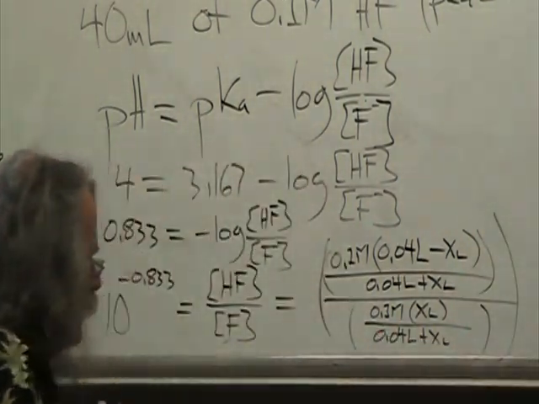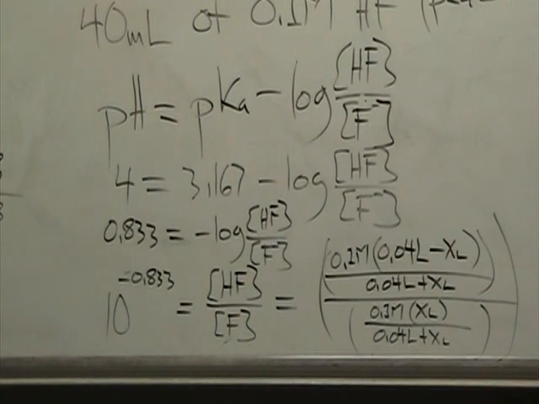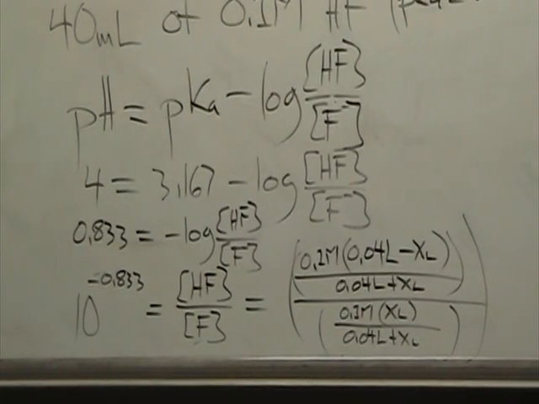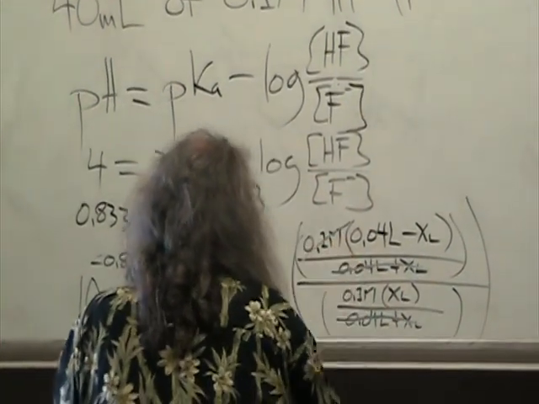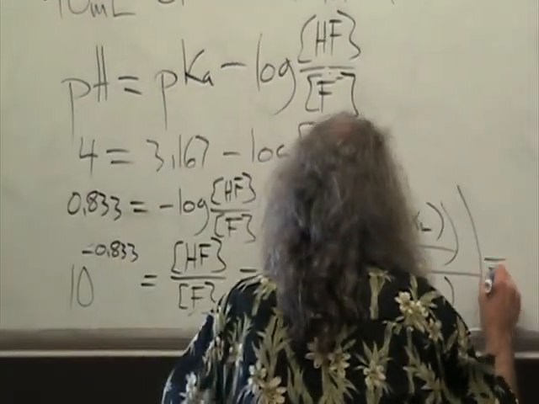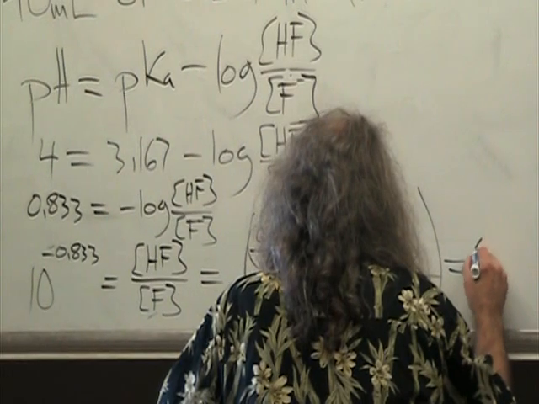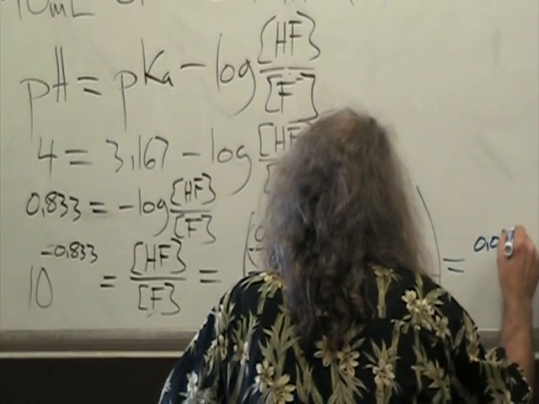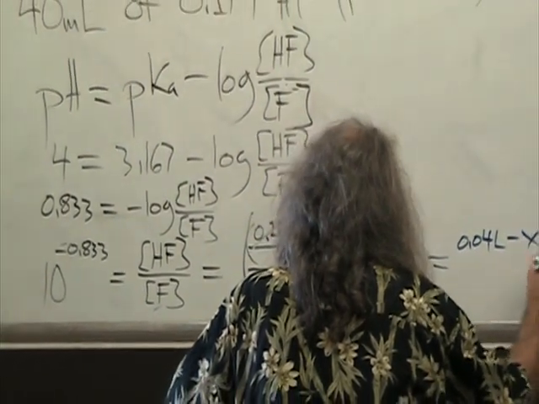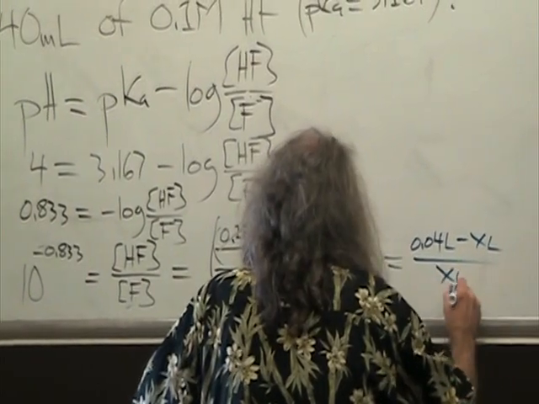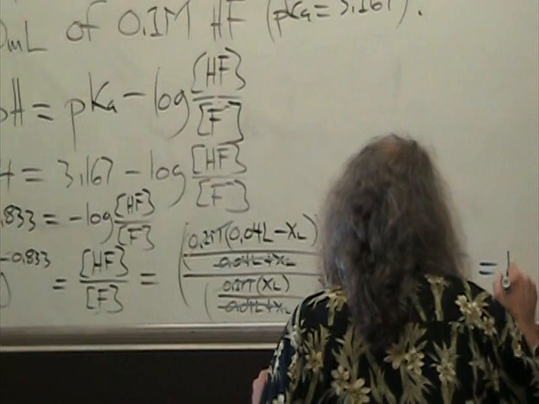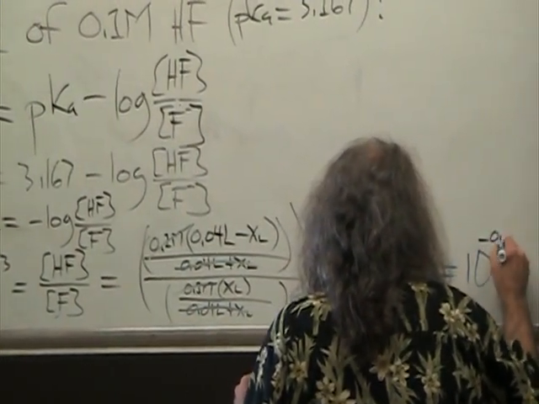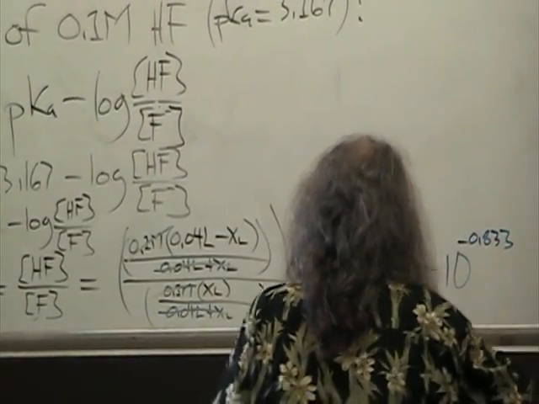Now I've got this awkward, ungainly looking material, which simplifies because this all drops out, and I have something that's equal to 0.04 liters minus X liters over X liters is equal to 10 to the minus 0.833.